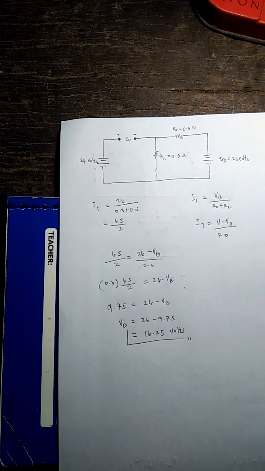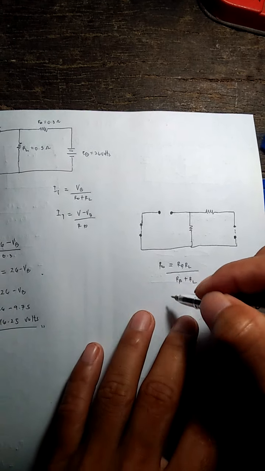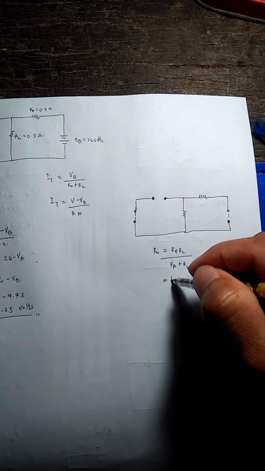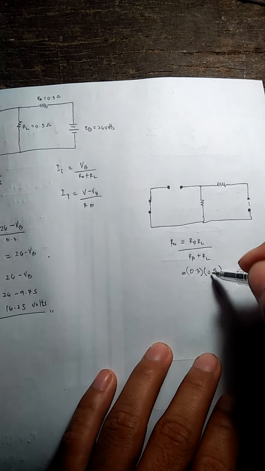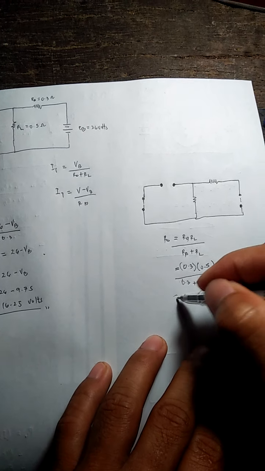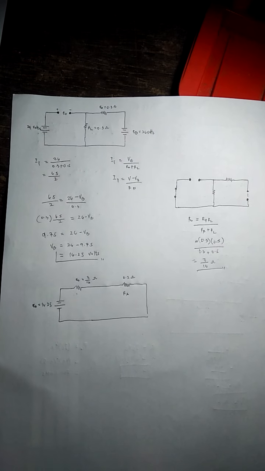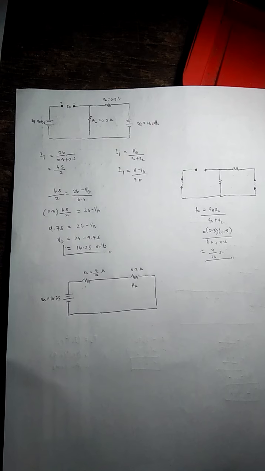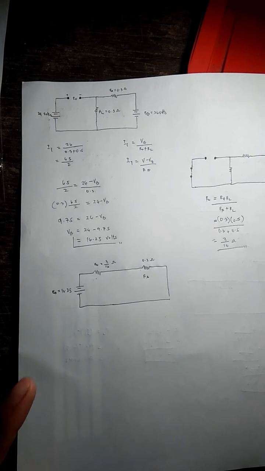So we have now to solve our RO for the next one. I have here a diagram and the formula. We can now just simply substitute the given values: 0.3 is our RB times 0.5, over 0.3 plus 0.5. So it will result in 3 over 16 ohms. So we get our VB and our RO or our RN. We can now use them to apply in solving IA.